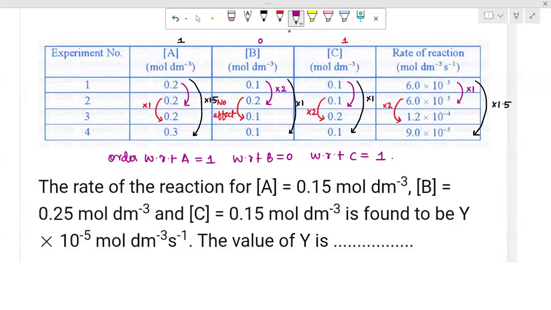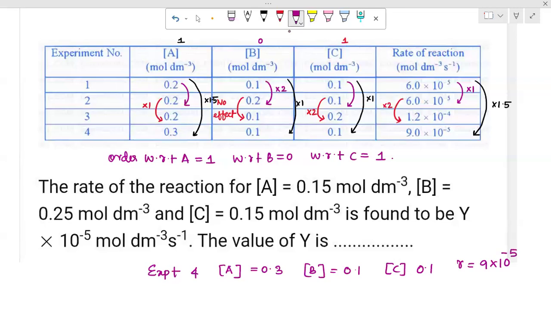You can take any experiment. Let's say I'm taking experiment number 4. My concentration of A is 0.3, concentration of B is 0.1, concentration of C is 0.1, and my rate of the reaction is 9 into 10 to the power minus 5.